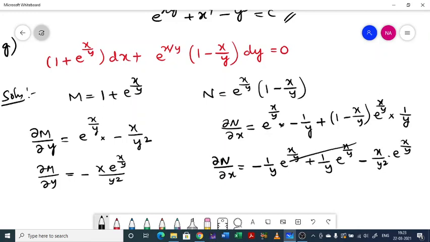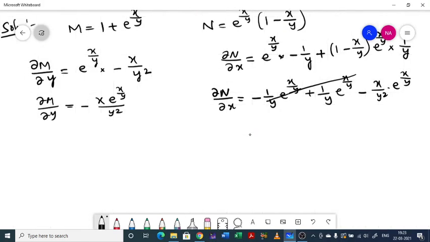So these two terms get cancelled. We remain with ∂N/∂x equal to minus x by y square into e power x by y. So the same thing we got from these two.